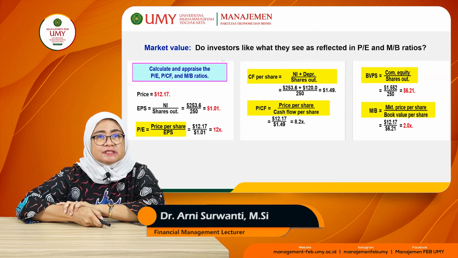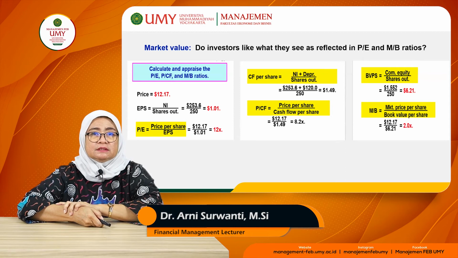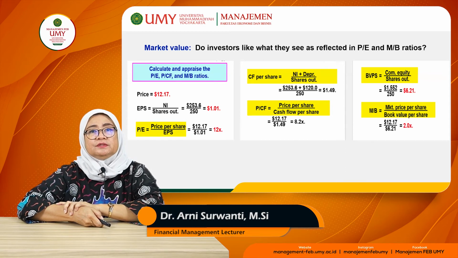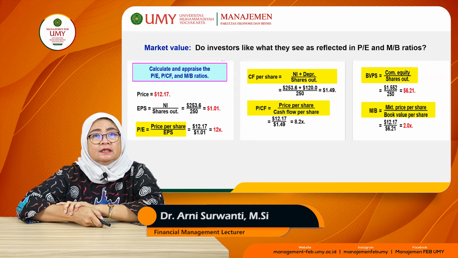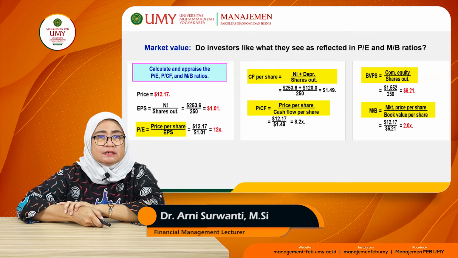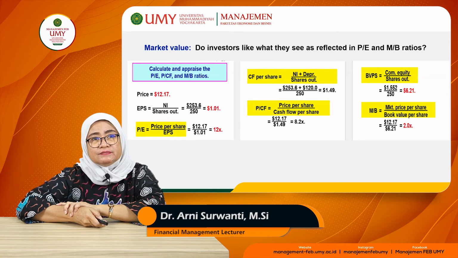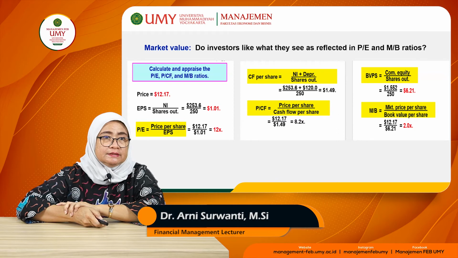Market to book value ratio we can measure with market price per share divided by book value per share. Book value per share is common equity divided by shares outstanding. Cash flow per share is net income plus depreciation divided by shares outstanding. Price per cash flow is price per share divided by cash flow per share.